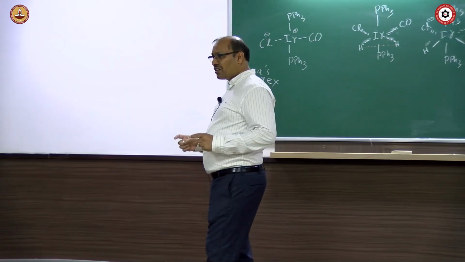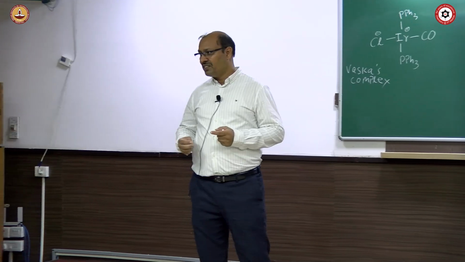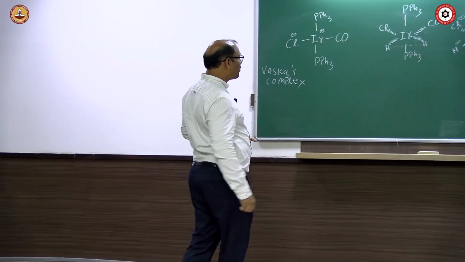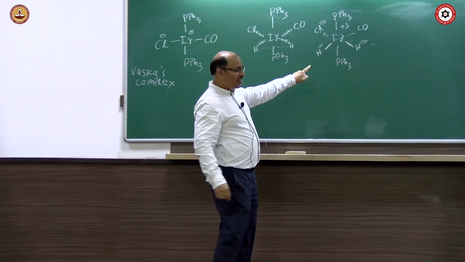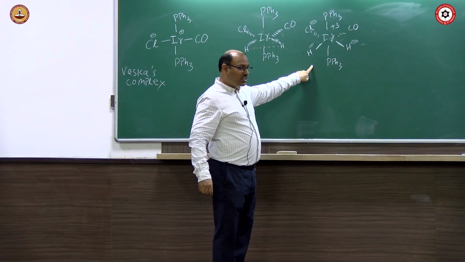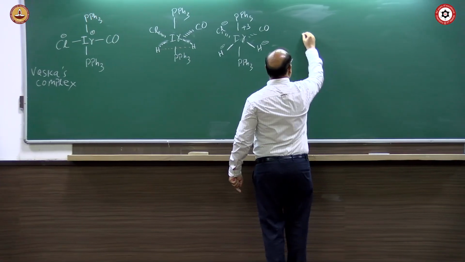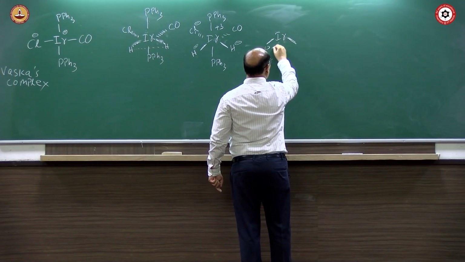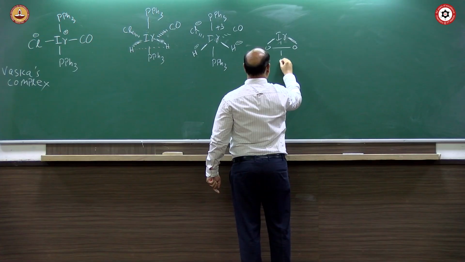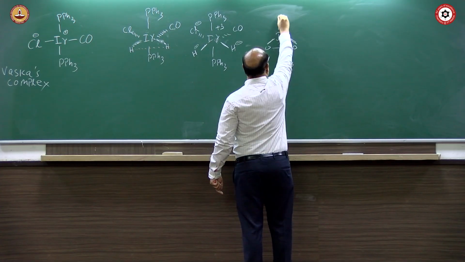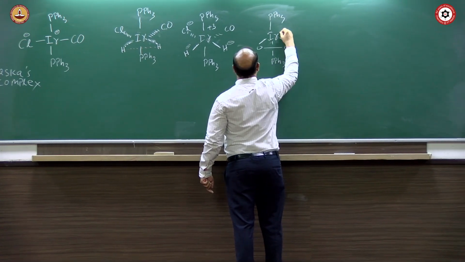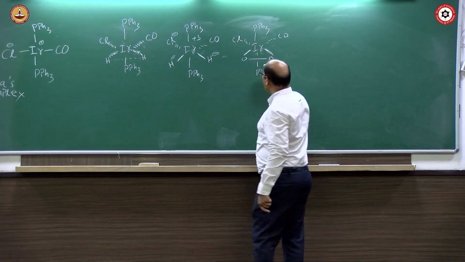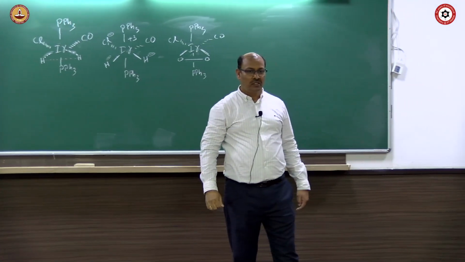If it is an oxygen molecule, they are still attached to each other, because there are 2 bonds between them. So when Vaska's complex reacts with hydrogen, it forms a compound like this. This is when it reacts with an oxygen molecule.